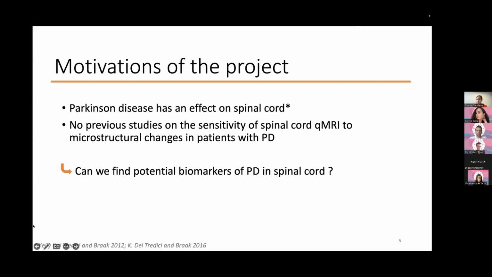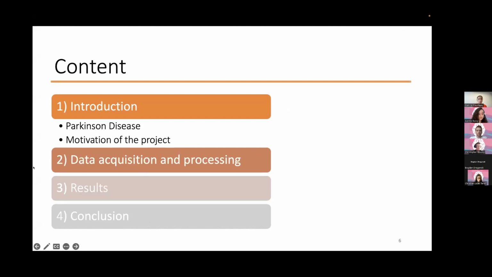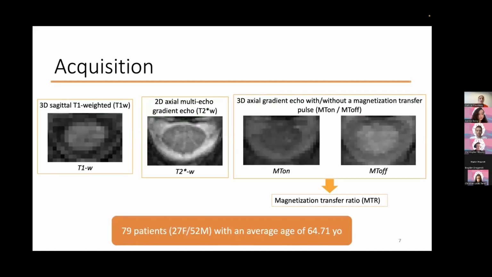So our main question was whether we could find some potential biomarkers of Parkinson disease in the spinal cord. Next I will present the data we used and how we processed the data so we could analyze them and show the results.